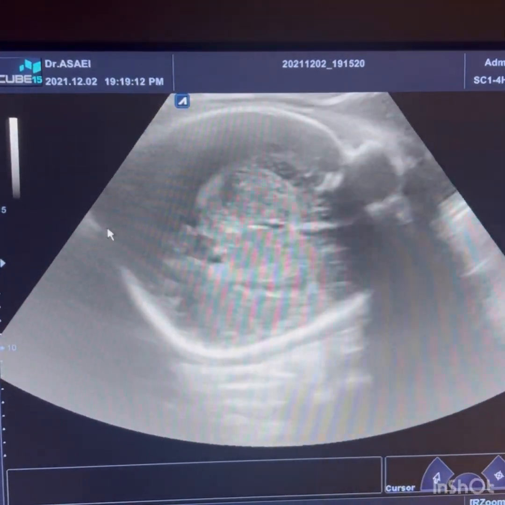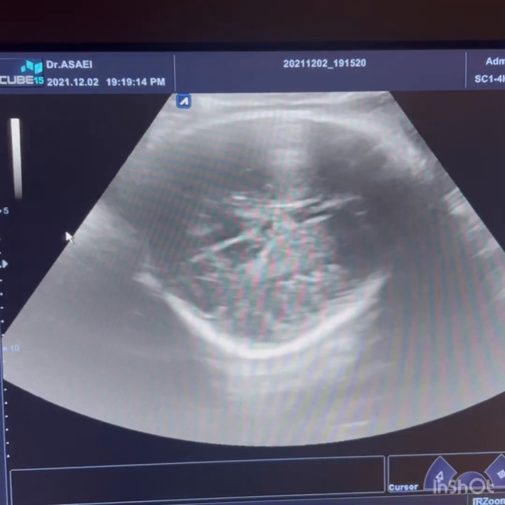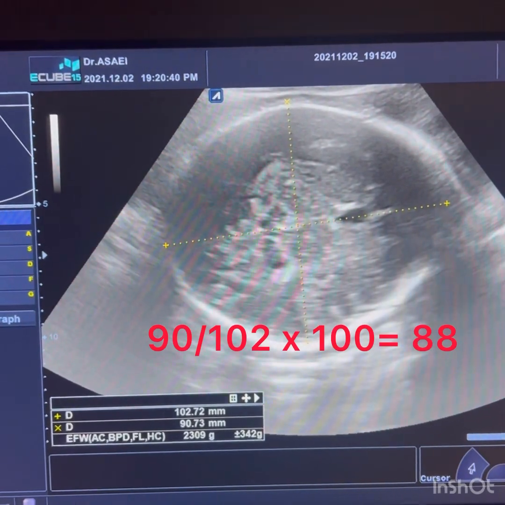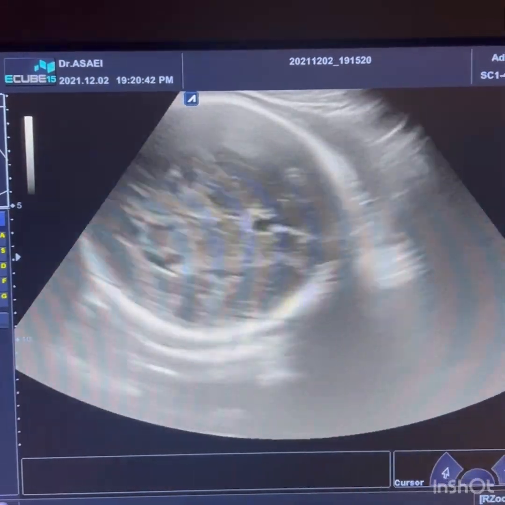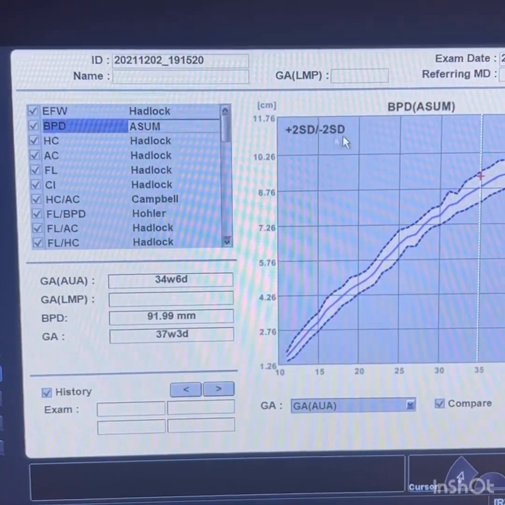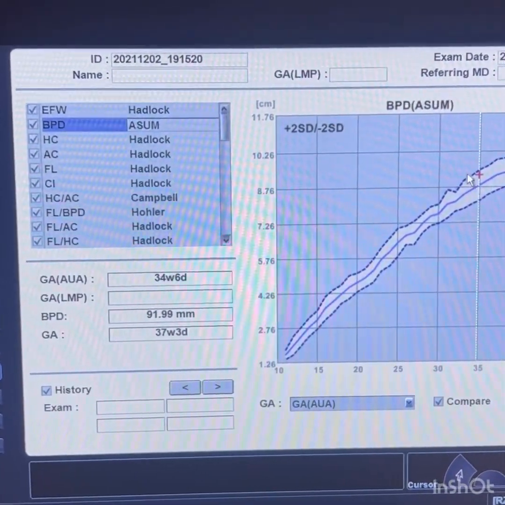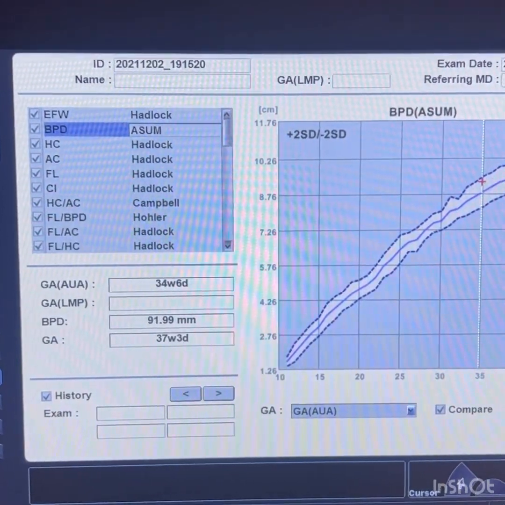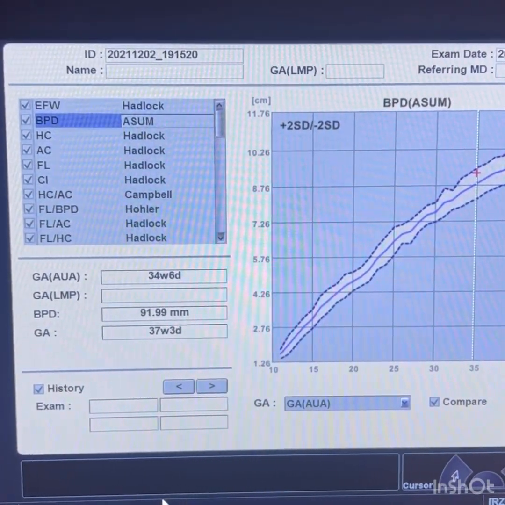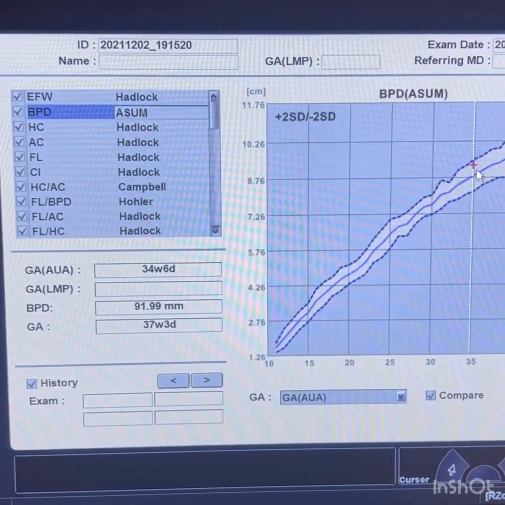But if we again measure the cephalic index, it would be 88, which is more than normal, indicative of brachycephaly. In reviewing the chart, we can again see the discrepancy between biparietal diameter and other measurements.